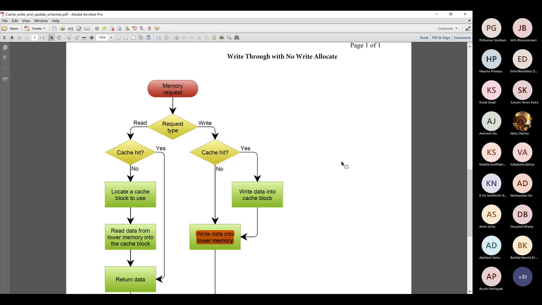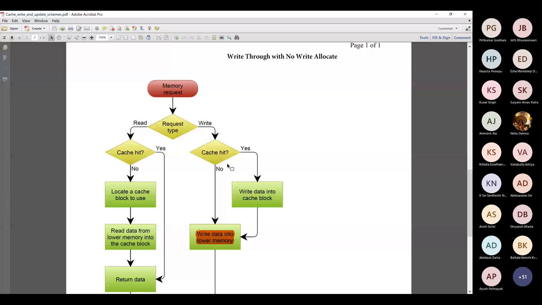How is it write through? You have to look at the write mechanisms, and you have to look at what happens when there is a write hit, a write miss.